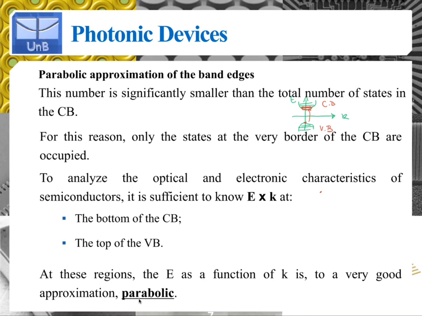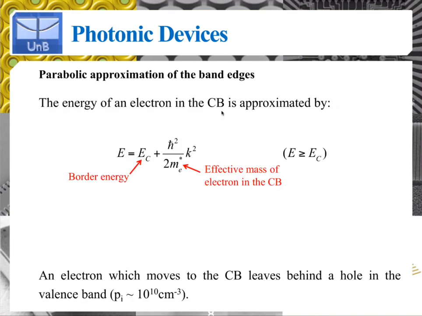So this brings up the parabolic approximation, an important approximation. For most intents and purposes, it's sufficient to consider that the band close to the edge is approximately a parabola, both the valence band and the conduction band. Therefore, the energy of an electron in the conduction band is approximated by this equation, which is the equation for a parabola if you take the x-axis to be k and the y-axis to be E, as we do when we're plotting the band structure.